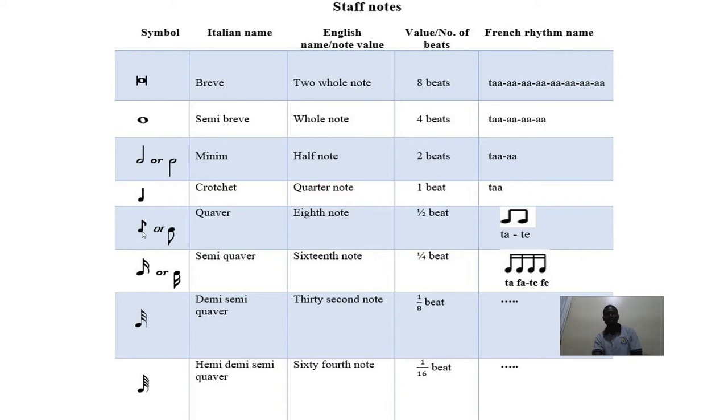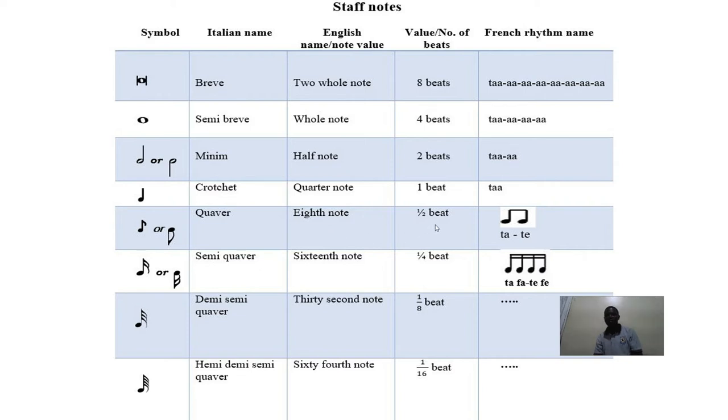So it has the head, the stem, and the hook, and can also be written upside down. All notes with stems can be written upside down. But remember, as you may observe, when we write them upside down, the stem changes from the right-hand side to the left-hand side of the head. A quaver is also the 8th note. It's half a beat.